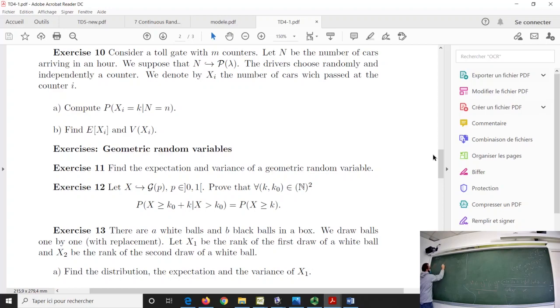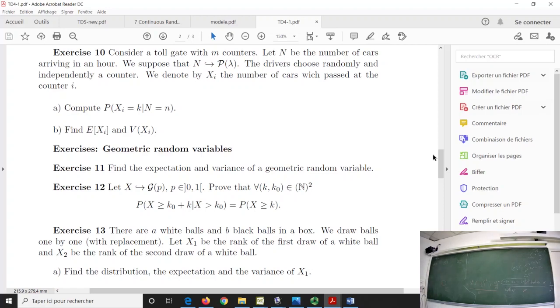Here you have the counter you are interested in, that is counter i. You have a car. Since I have color, it will be a red car that arrived. That nice car, this way.